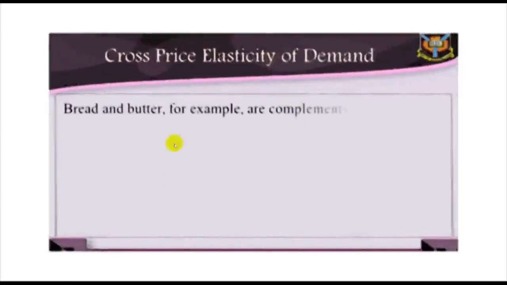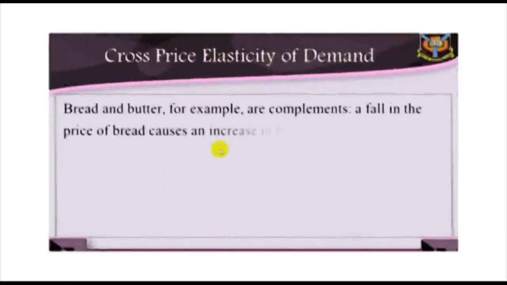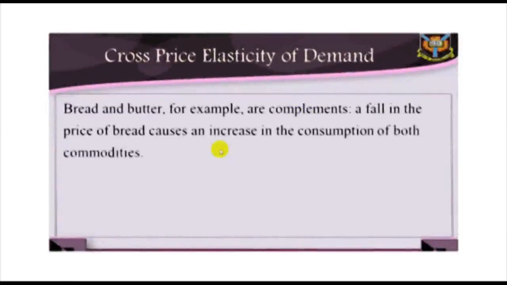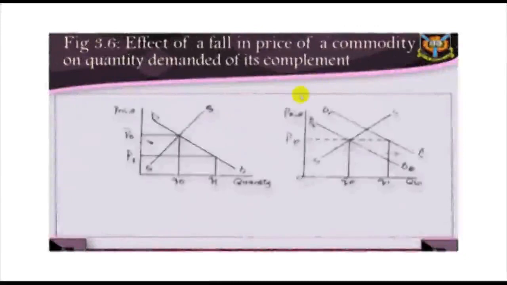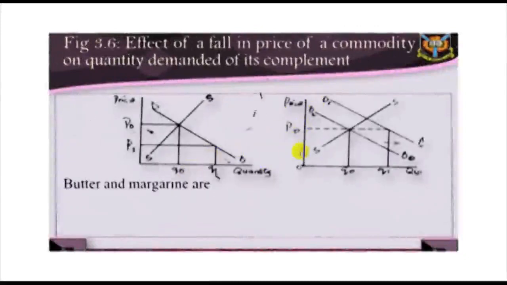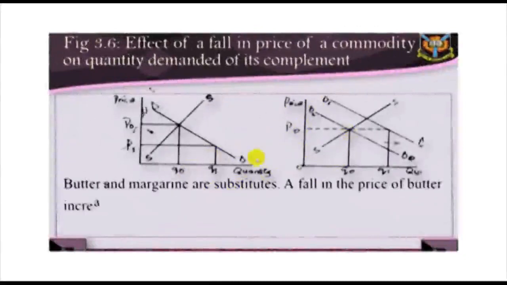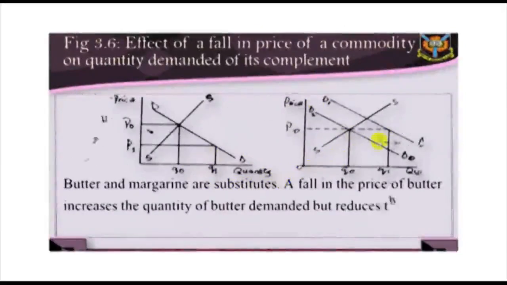Bread and butter, for example, are complements. A fall in the price of bread causes an increase in the consumption of both commodities. Changes in the price of bread and the quantity of butter demanded as a result will therefore have opposite signs. Butter and margarine, on the other hand, are substitutes.